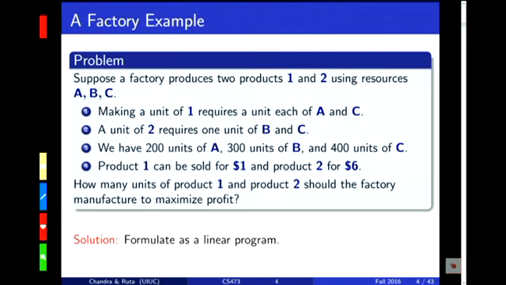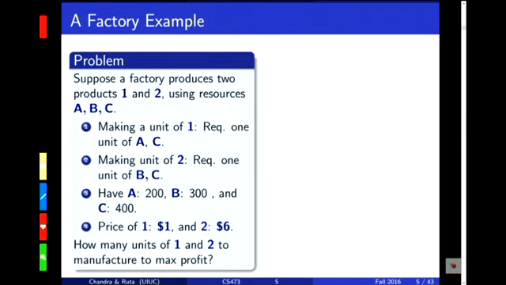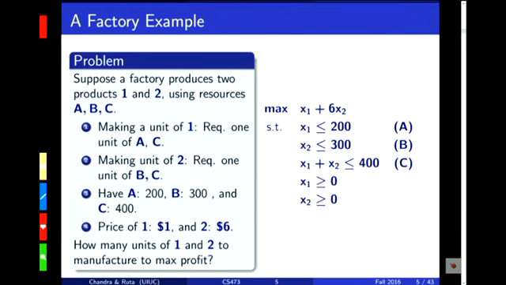So we can formulate it as a linear program to argue it formally, that this is the best you can do. Let's say I produce x1 units of product 1 and x2 units of product 2. My profit will be x1 plus 6x2, because the price of good 1 is 1 and the price of good 2 is 6.